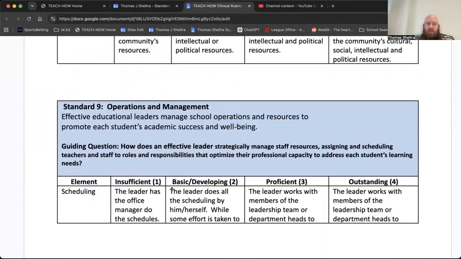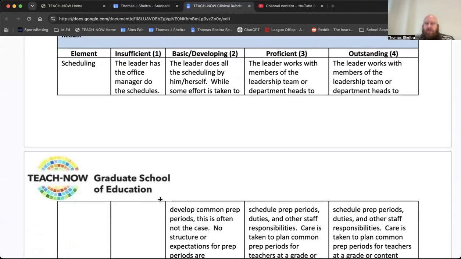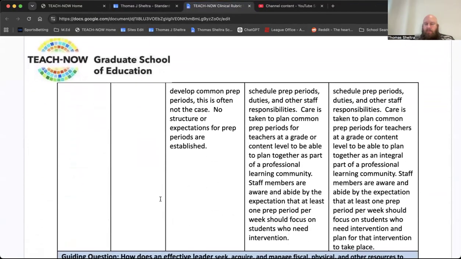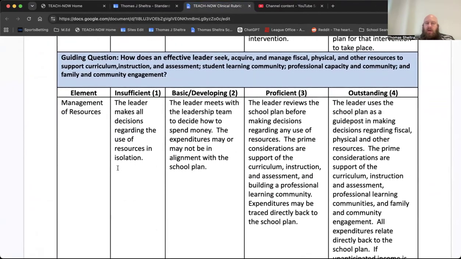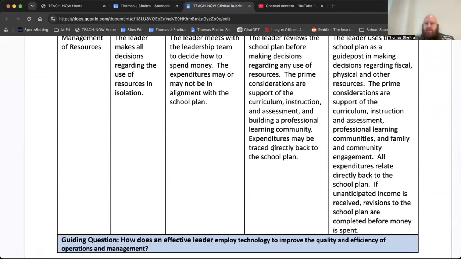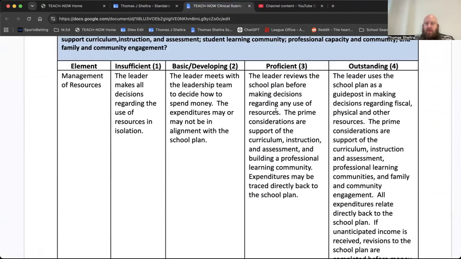But when we look through again, at least for the scheduling part, being able to do that AP classroom, that's where I'm going to give myself an outstanding here. The management of resources, I give myself proficient here because of the budget, but also the reduction of cuts to make sure everything is more streamlined and sustainable, and we're not wasting money.